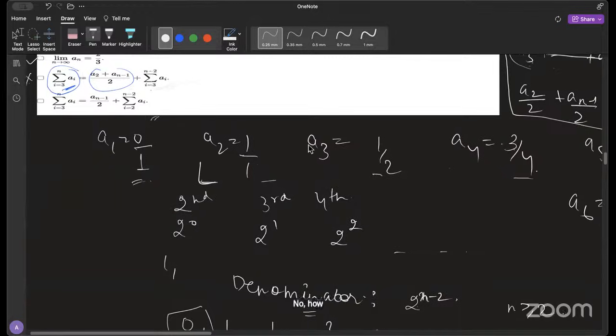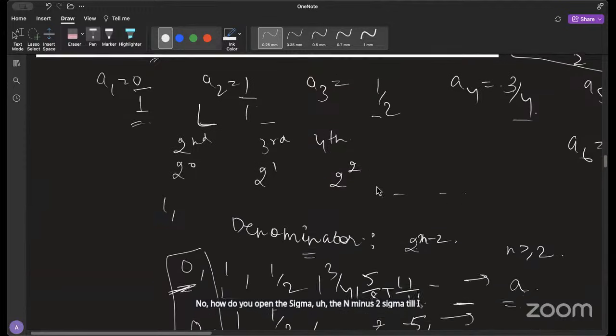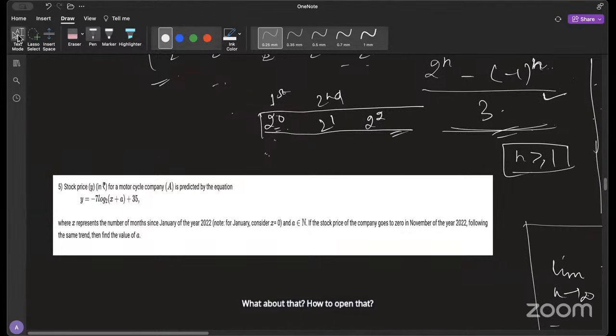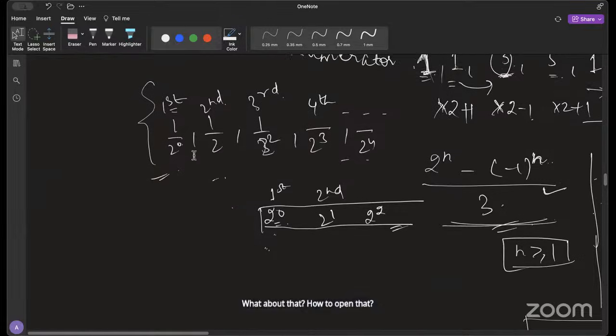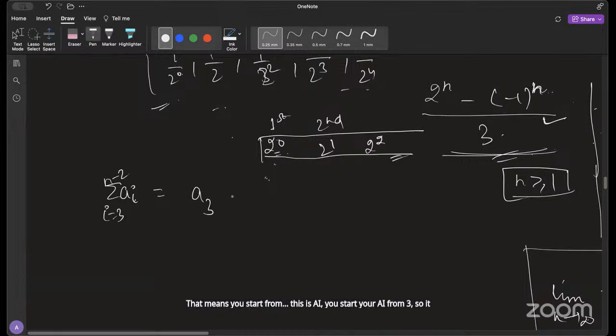Ma'am, how do you open the sigma, the n minus 2 sigma till i is 3, a i? How to open that? One second. We have sigma with i varying from 3 to n minus 2. This is one of the summations, right? That means you start from, this is a i, you start your i from 3, so it will be a3. Then you go till a n minus 2, right?